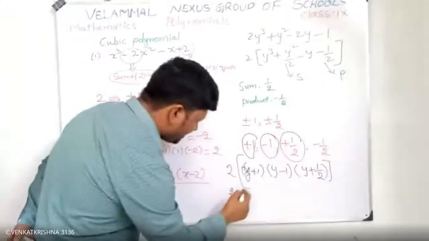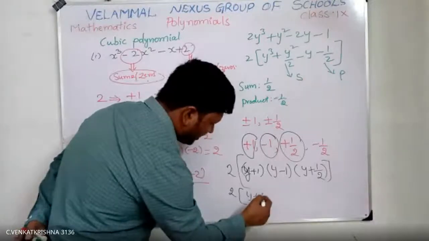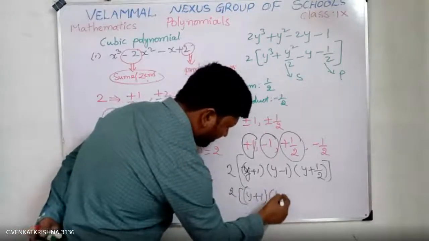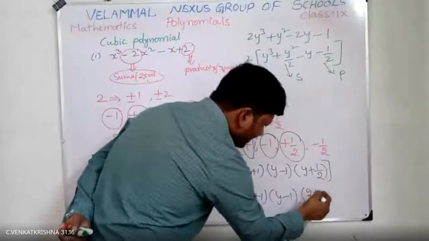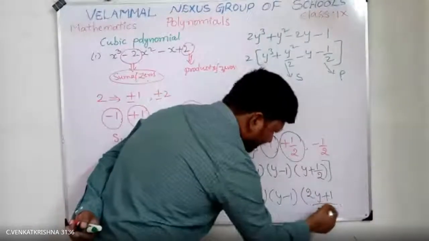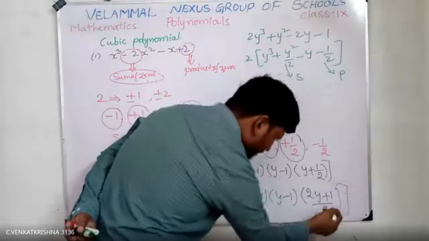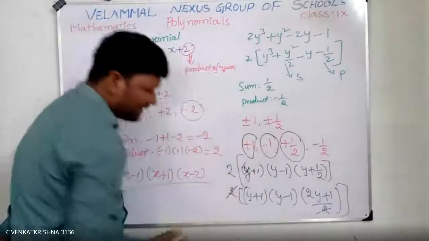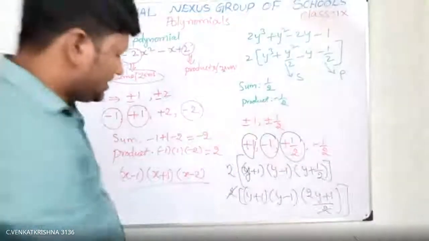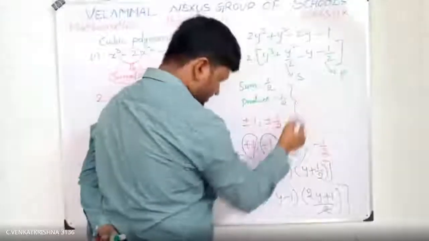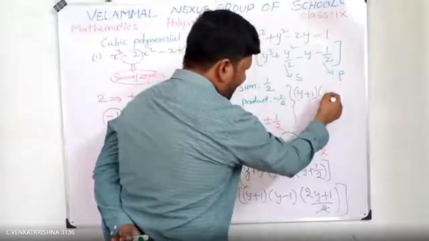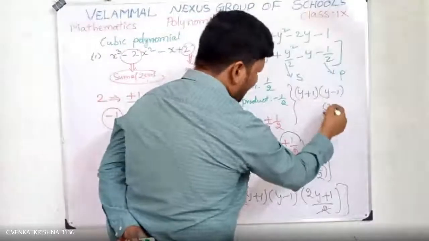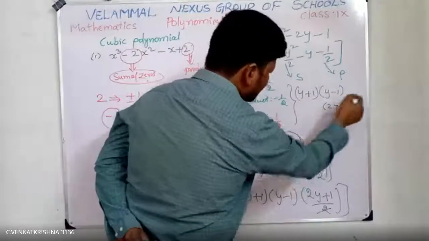So here 2 into y plus 1, y minus 1. Take the LCM here, 2y plus 1 by 2. Now these two get cancelled. Now the factors are y plus 1, y minus 1, and 2y plus 1. So these are the 3 factors.